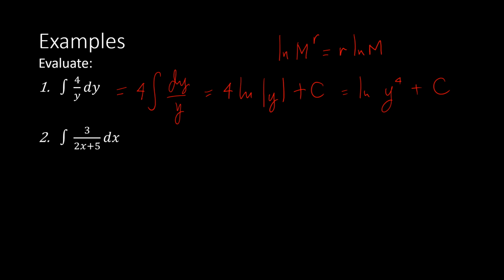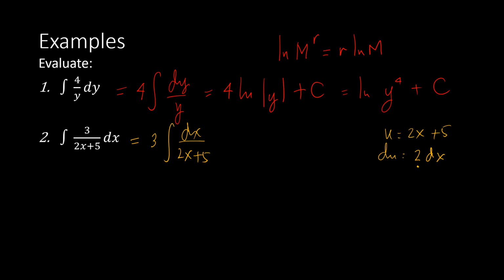Next, we evaluate the integral of 3 over 2x plus 5 dx. This is equal to 3 integral of dx all over 2x plus 5. Now we can take 2x plus 5 as our u, and its differential du is equal to 2 dx.